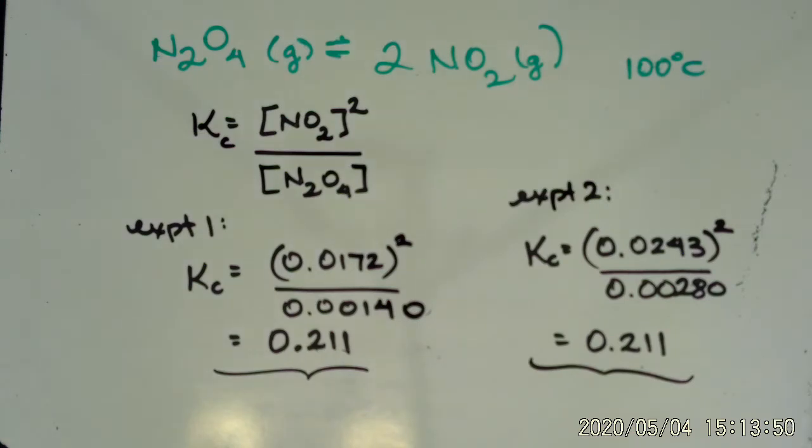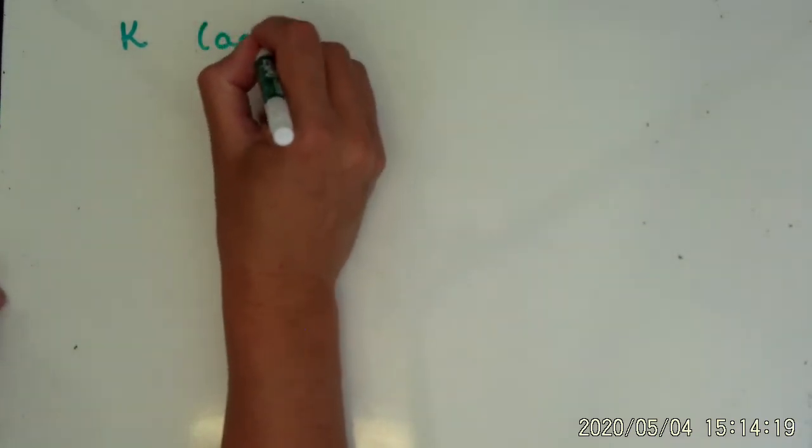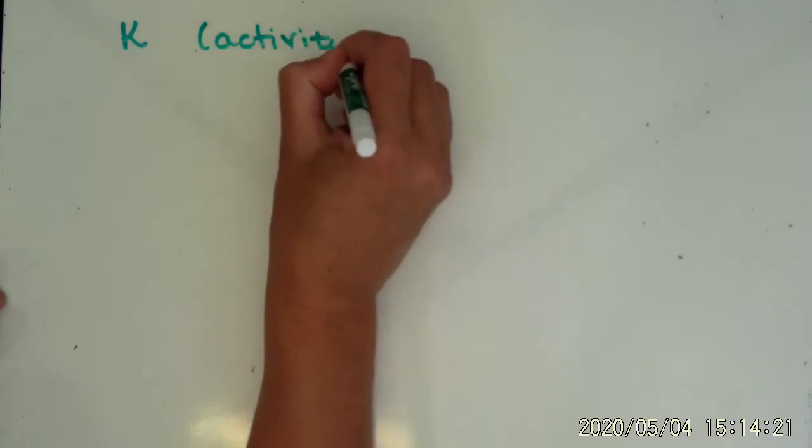Okay, so before we move on to partial pressures, you're going to see a lot of different subscripts. And I think people find that fairly confusing. So let me just briefly mention how it works. When we talk about equilibrium constants, really it's how we talk about it in terms of activity, which is why we don't see any units associated with it.